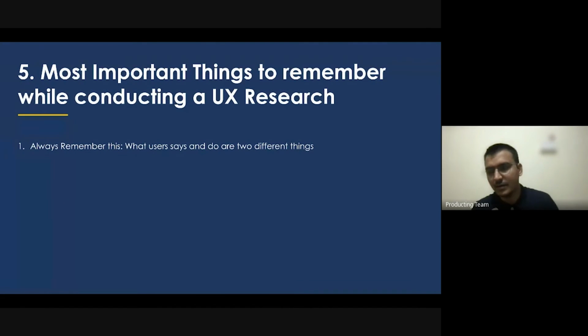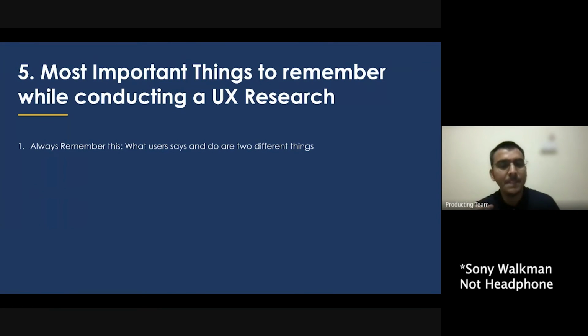I've given the example of Sony headphones a lot of times. I'll try to give it here as well. So Sony did a research to understand which color of headphones works best, or which the teenagers will love the most, the black color one or the yellow color, right?